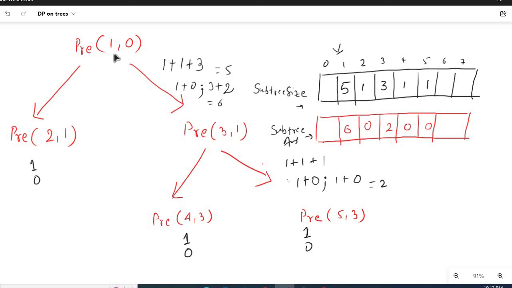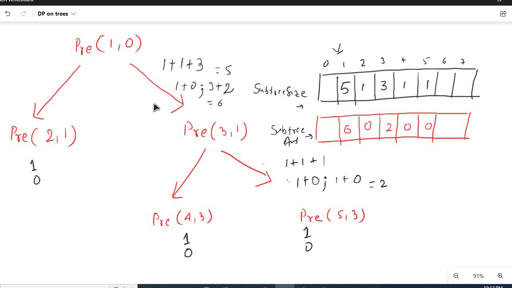But when we go back to this place, 1, what would happen for 1? On the left side, the total sum is 1 plus left 1, and 3 coming from the right. From 3, the size is 3. So the first one is the size and the second part is the sum of the distances from that particular node.